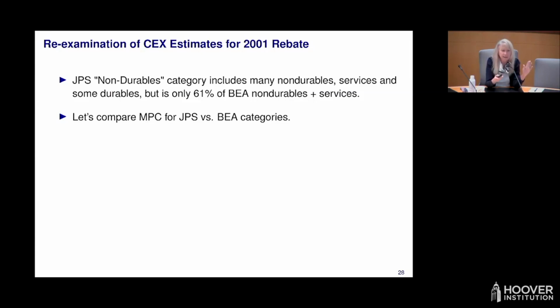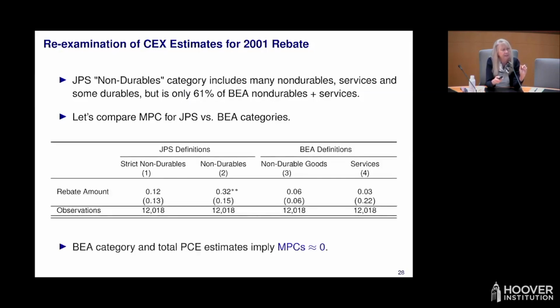We get quite close, not a perfect reproduction, but very close to what they get. So first look at the JPS definitions. This is looking at the MPC out of the rebate for strict non-durables, which was more like food and those sorts of things, and then the non-durables. So look mostly at the non-durables category.